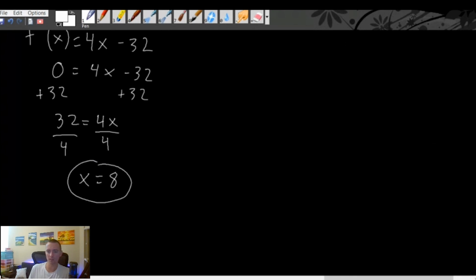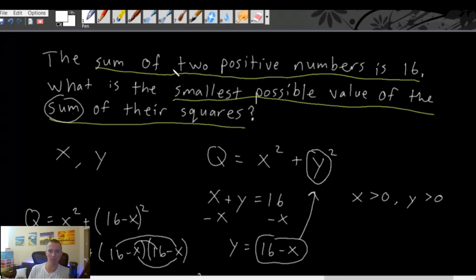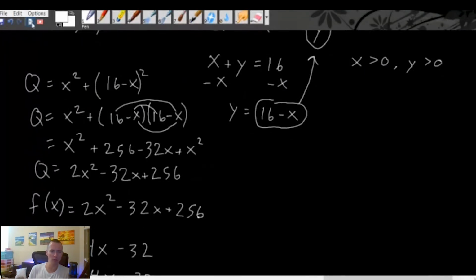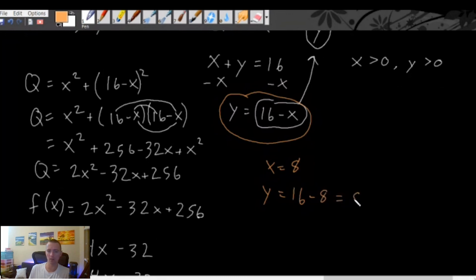And in fact, this is a positive number. So we know that it meets the fact that we have to find two positive numbers. And now what we can do is we can go back to this equation we found here when we solved for one of our variables in terms of the other one. If we know x equals 8, we can find y by plugging x into this equation. So we get 16 minus 8, which is 8.